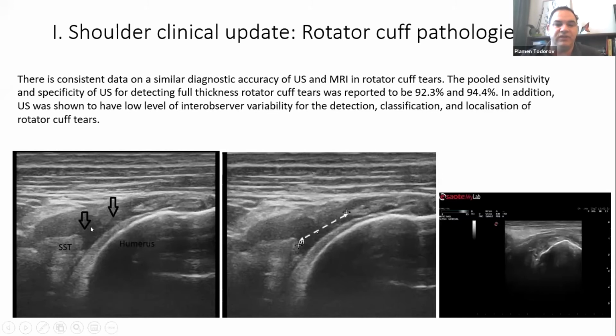In a full-thickness rotator cuff tear, we can measure the retraction, so we can classify the size of the tear, and also don't forget again that this is a dynamic maneuver. In acute trauma, we can actually see the distorted fibers.